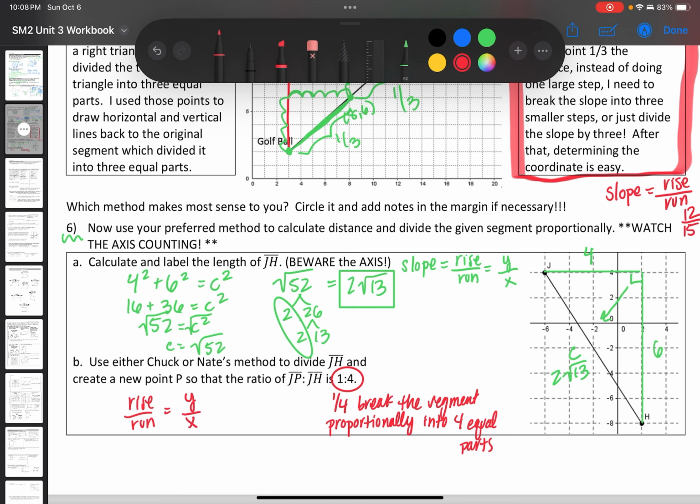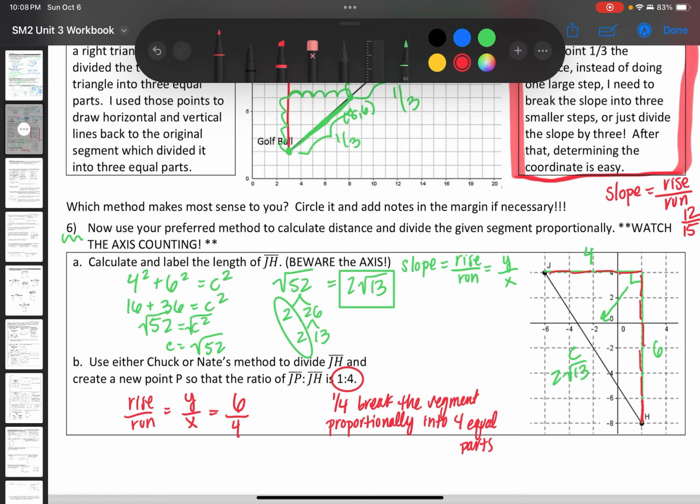We went up 6, 1, 2, 3, 4, 5, 6 on my y-axis, and then we ran 4, 1, 2, 3, 4 on the x-axis. So my slope is 6/4.